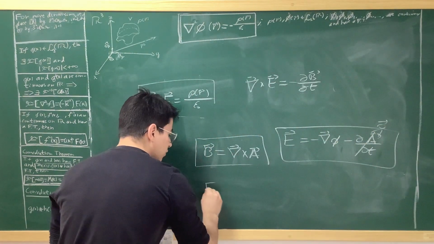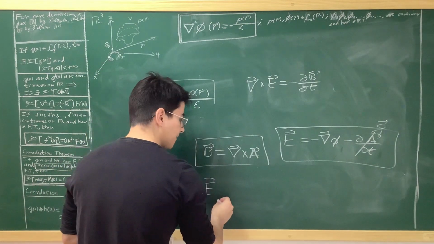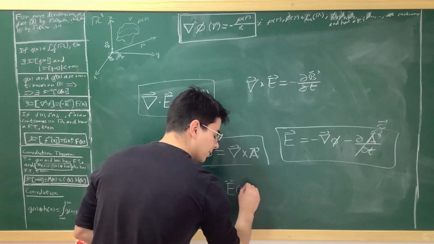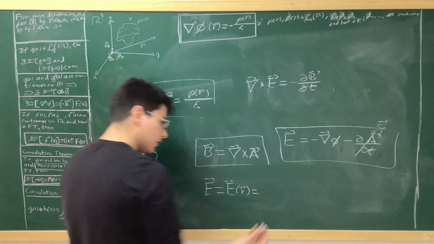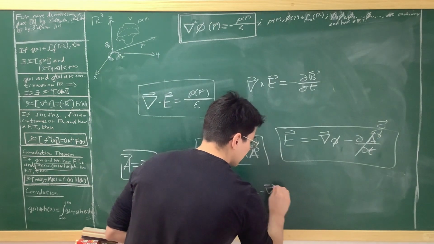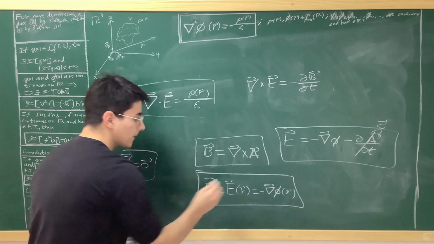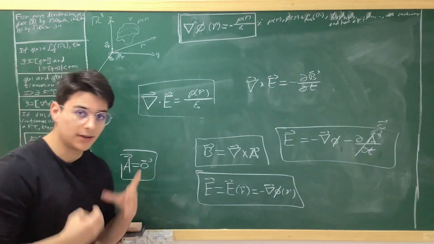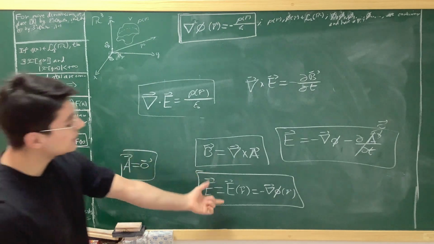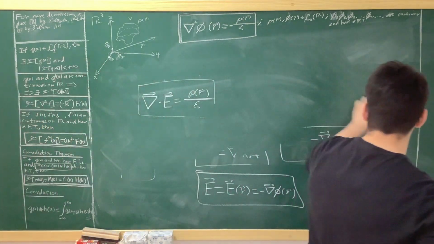So we are really just working with an electrostatic case in which E is just a function of r, it does not vary with time, and it can be expressed as the minus gradient of some scalar function phi, which is the electric potential. And now substituting this expression here, what we get, let me just erase this real quick.